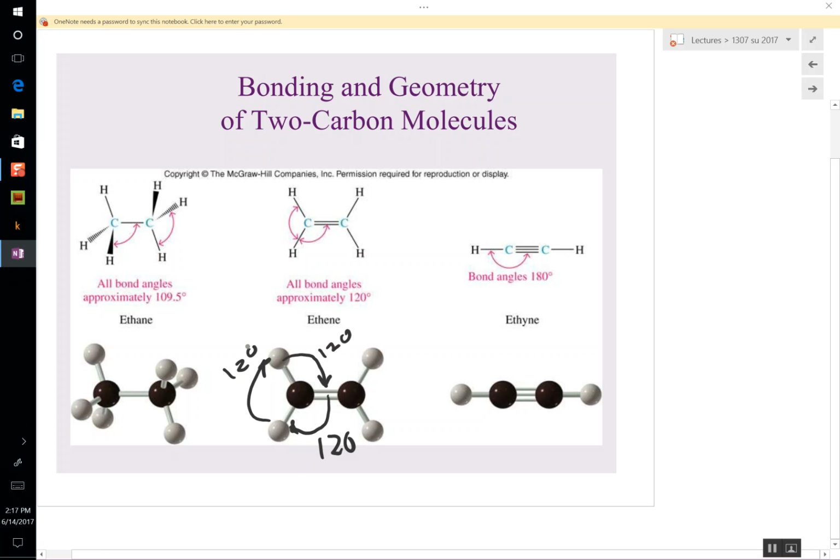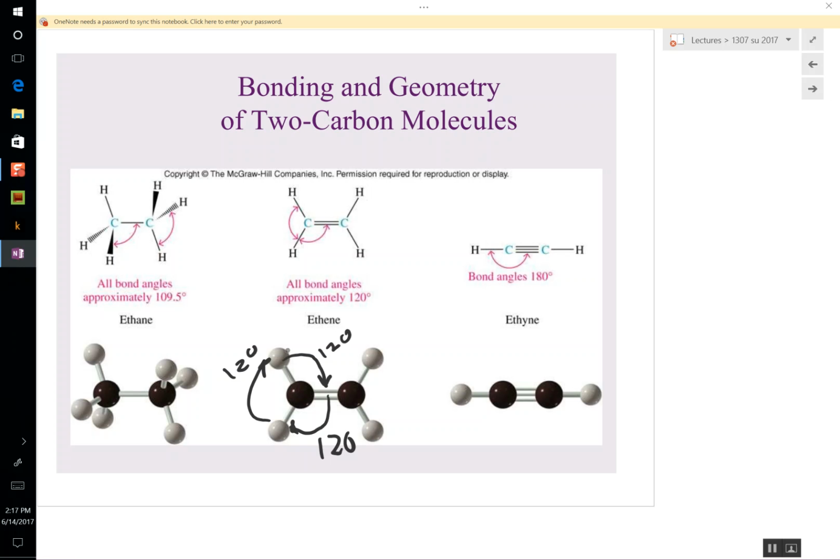You can see that we only need to go a third, another third, another third. We're completely in a circle, and a circle has 360 degrees. So we don't have tetrahedral bond angles. I really should have brought this model. I probably could put one together pretty fast. It's a flat molecule.